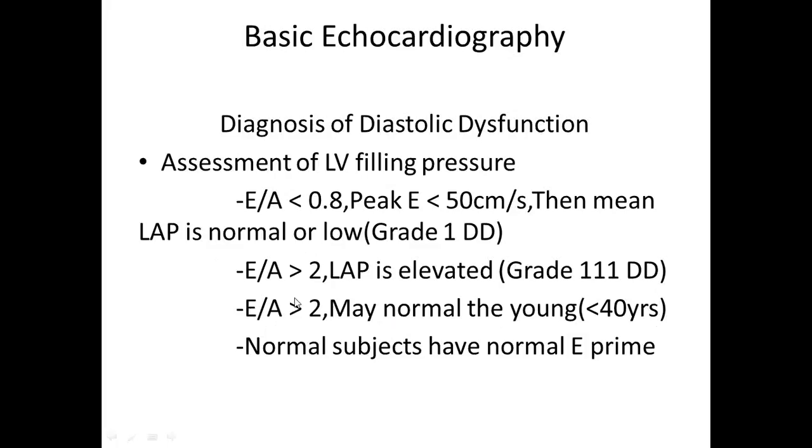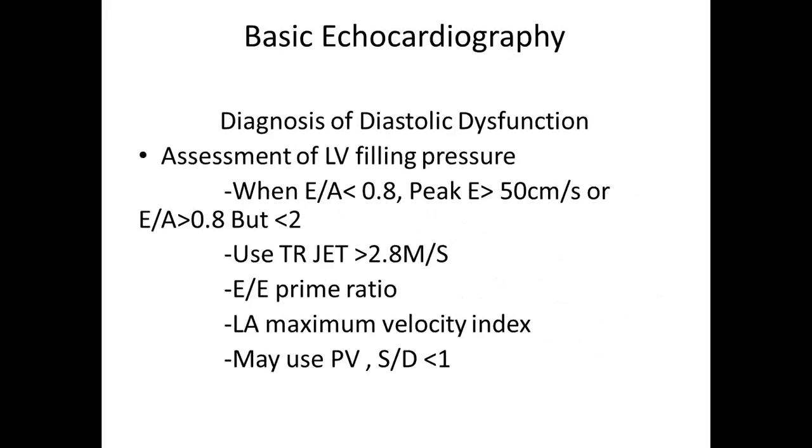So your E to A ratio is going to be age dependent. All right. Normal subjects usually have normal E prime. So it's very unusual to see a normal individual with a low E prime. You know, it doesn't work like that. All right.